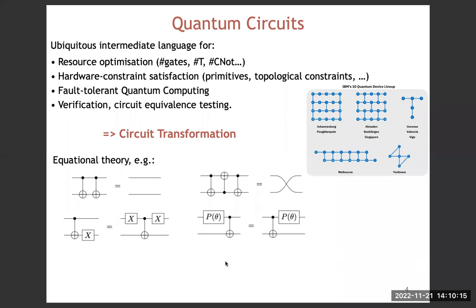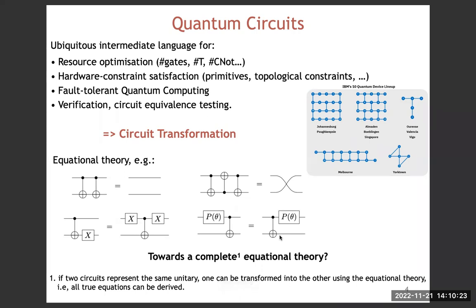And when we have an equational theory, the property that you really want is to have a complete set of equations, which means that if you take two circuits representing the same unitary transformation, then you are able to go from one circuit to the other just by using the equations of your equational theory. So that's the objective, the topic of this presentation: to find a complete equational theory for quantum circuits.